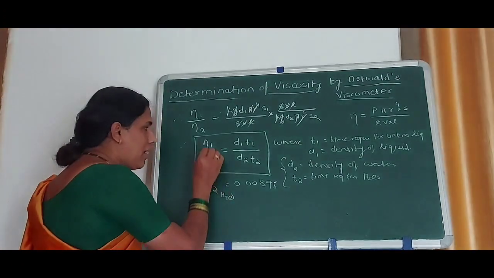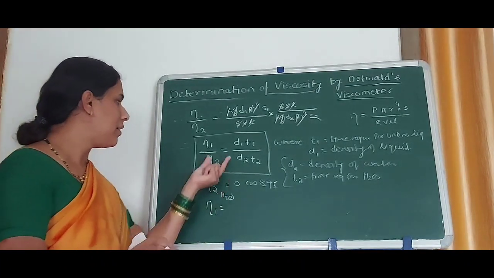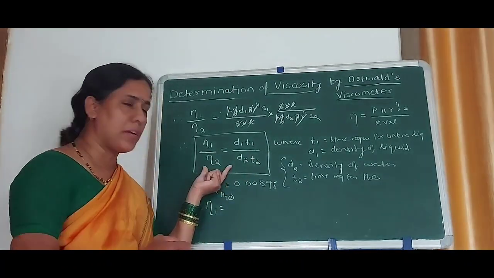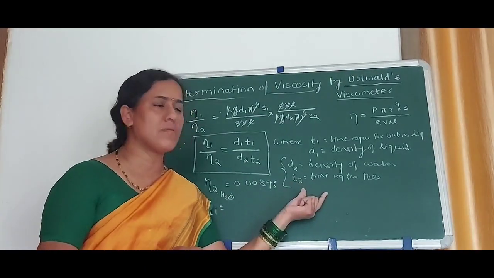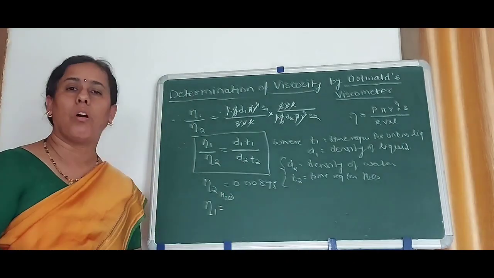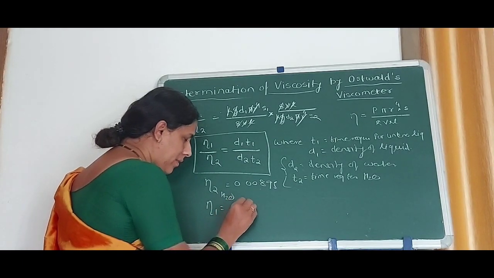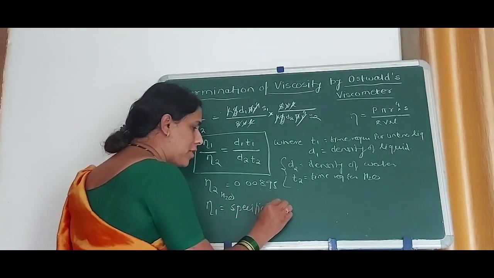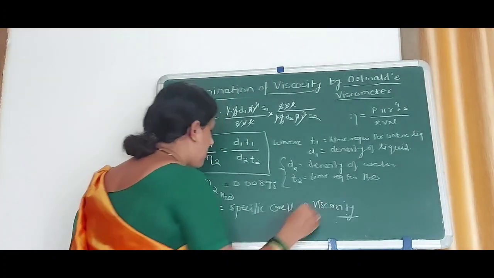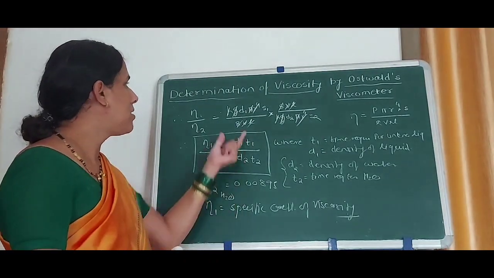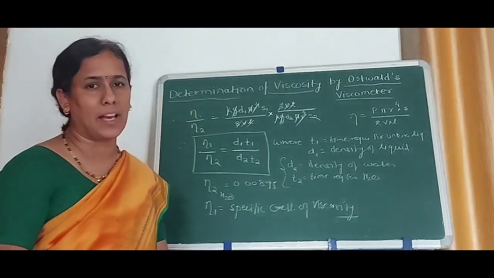When this calculation of eta 1 is made with the known values of water with the same Oswald's viscometer, whatever value of coefficient of viscosity is obtained is called the specific coefficient of viscosity. Thus we can determine the viscosity of an unknown liquid. Okay, thank you.